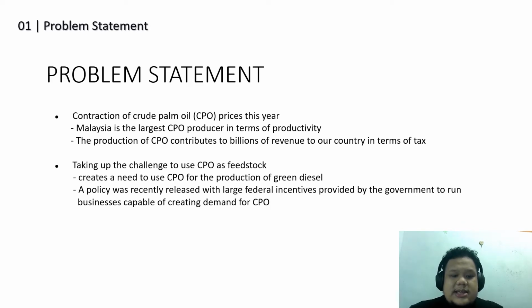The second statement is that we need to take up the challenge to use CPO as a feedstock, and we can use CPO to produce green diesel. A policy was recently released with large federal incentives provided by the government to run businesses capable of creating demand for CPO.